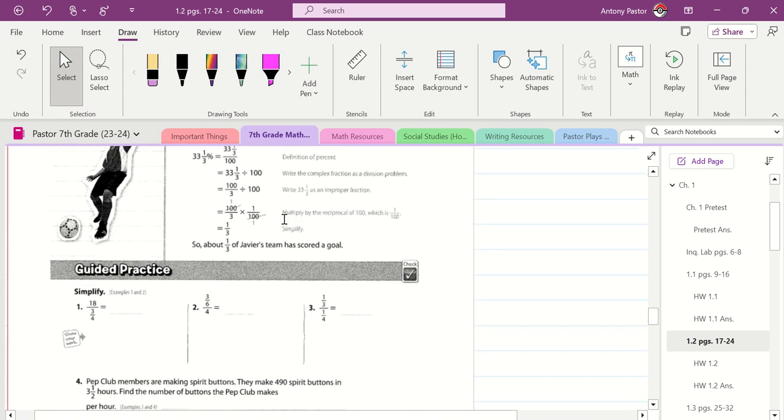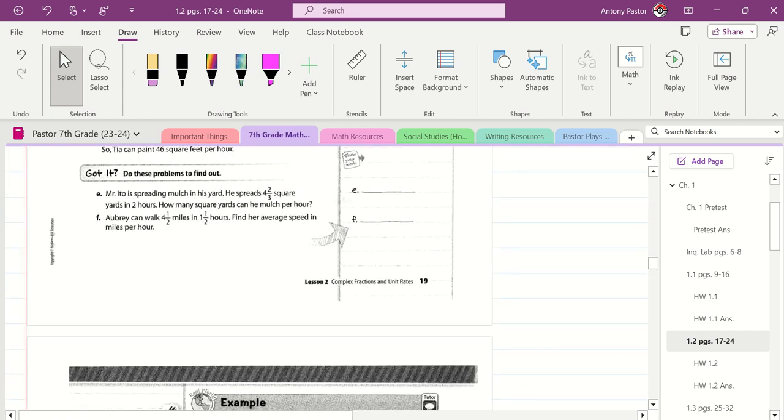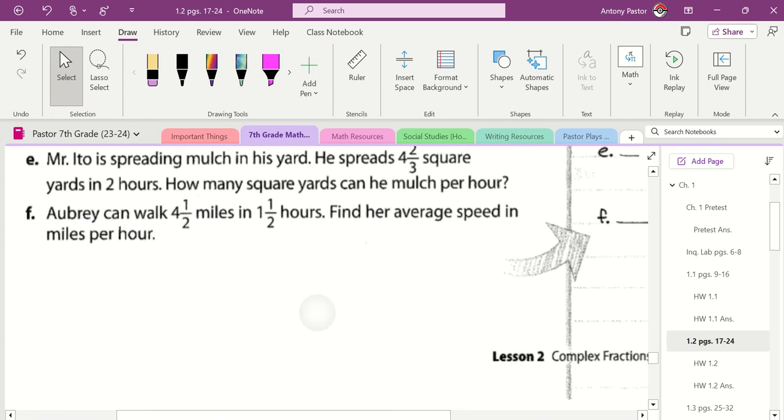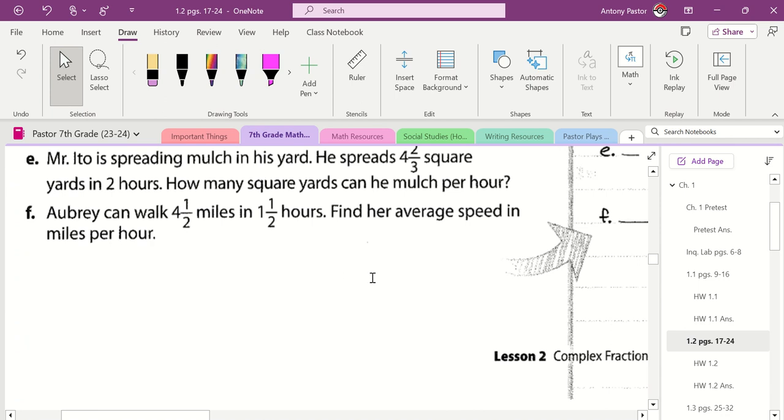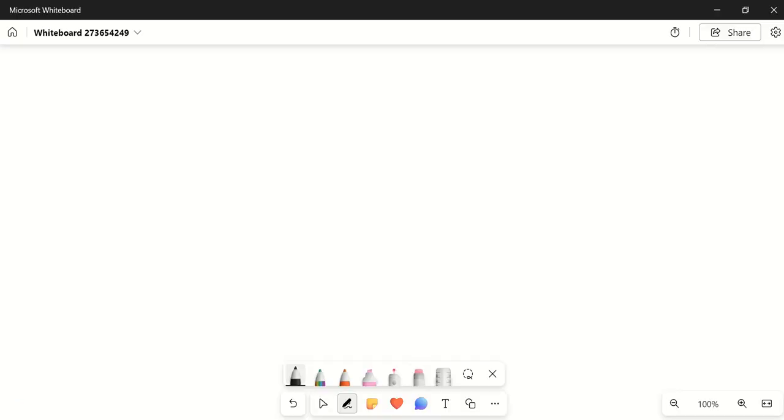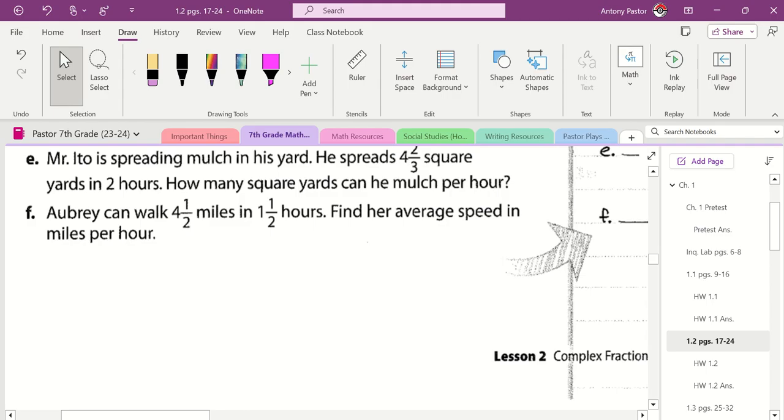So, my example here would be Aubrey can walk 4.5 miles in 1.5 hours. So this is my complex fraction here. Find her average speed in miles per hour.